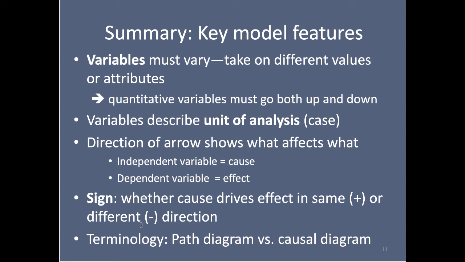Causal diagram is a later term, and it's used for the kinds of things we're going to do in the second half of the chapter, sorting out what causes what and so on. And as we talk about in the book, and we'll talk about a little more in the second half of the course, there's a particular type of causal diagram which is very, very rigorous.